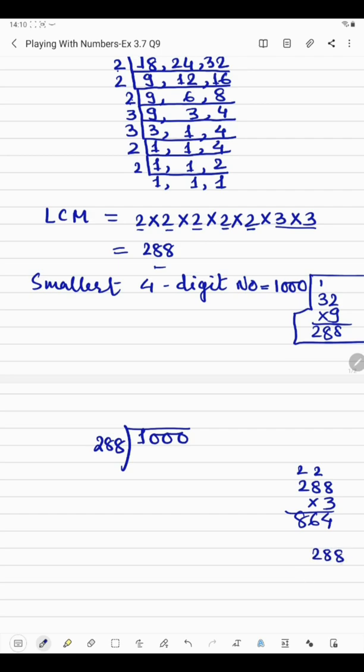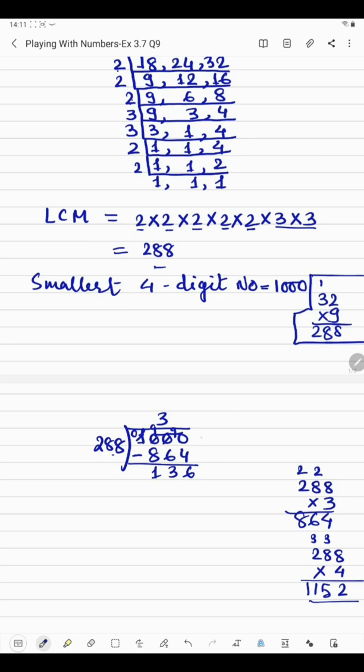Now 288 multiplied by 4 is 1152. This 1152 is greater than 1000, so we'll take 3, 288 times 3 is 864. Now when you subtract these two, 10 minus 4 is 6, 9 minus 6 is 3, 9 minus 8 is 1. So the remainder is 136.